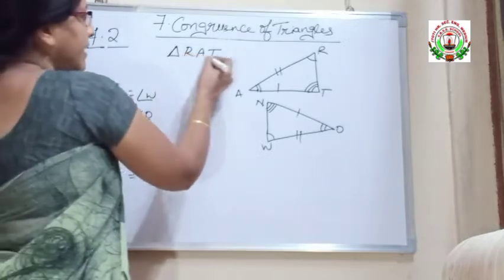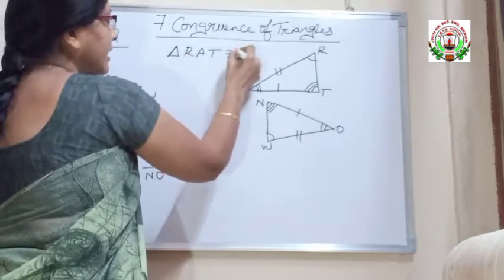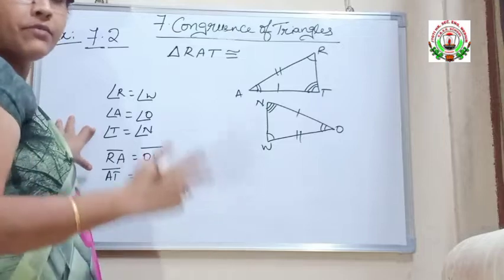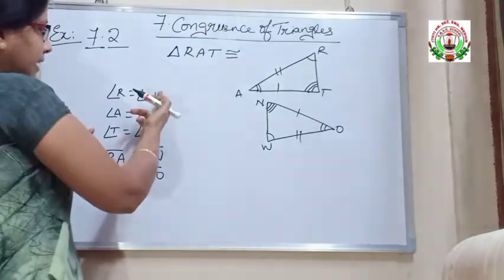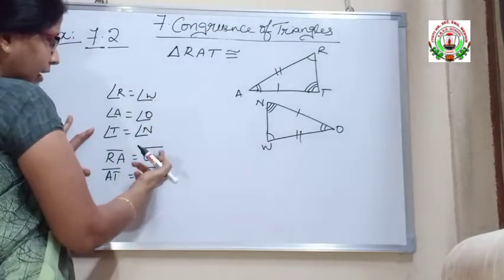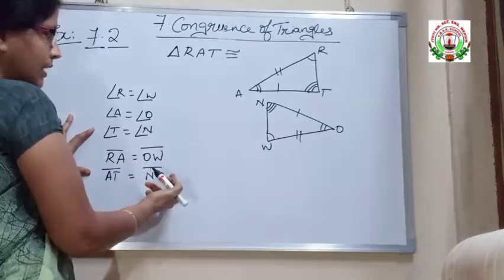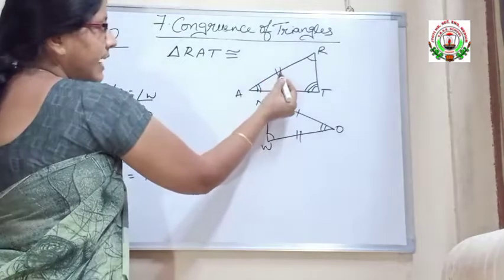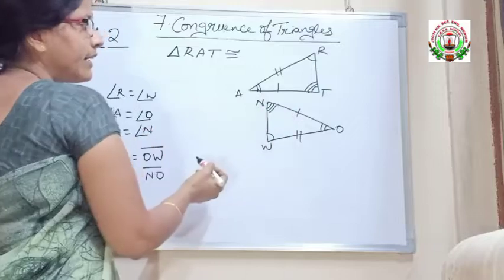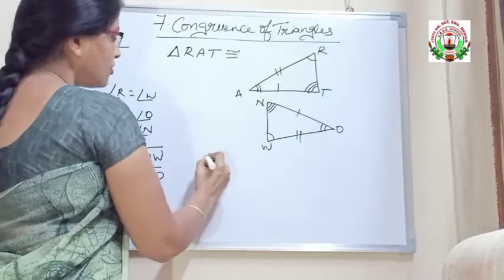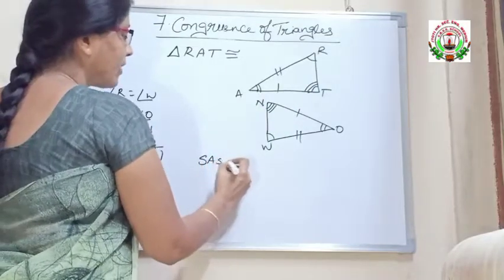So they are asking, triangle RAT is congruent to, by which properties? You can see the angles are equal. Next, the sides are equal. So here we can take side angle side. So side angle side is one property.